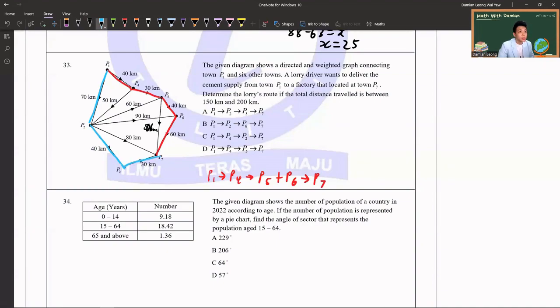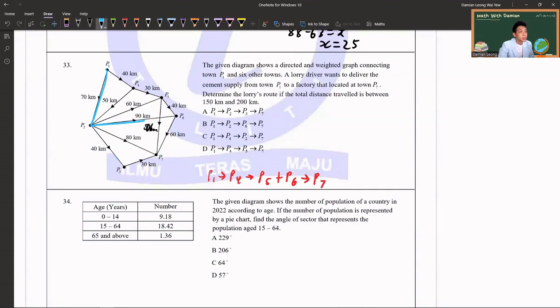If I take this way, P1, P2, P3, P7, 70 plus 70 is 140. That's not between 150 and 200 as well. So I need to look for other ways. Definitely not here. So the other 4 towns I can pass through.